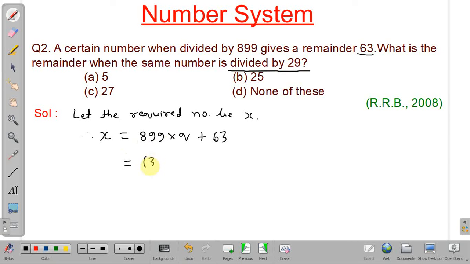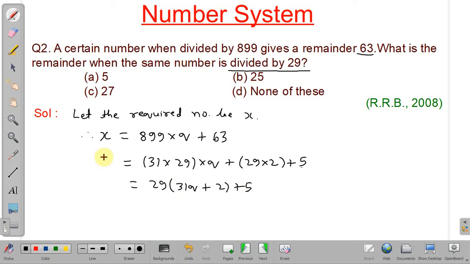So it can be written as 31 into 29 into Q plus 63, which can be written as 29 into 2, that is 58 plus 5. So when we take 29 common, we will get 29 times (31Q plus 2) plus 5. So when you divide x by 29, you will get remainder 5.